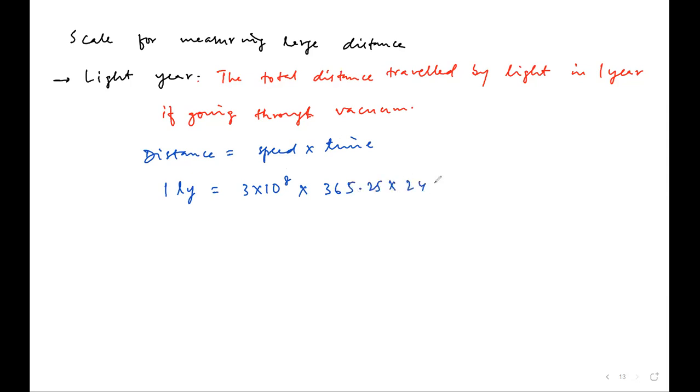Each day will be of 24 hours, and each hour will be of 60 minutes and 60 seconds. On multiplying, you will get 9.46 into 10 to the power 15 meter as 1 light year.